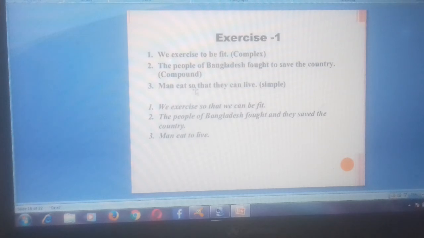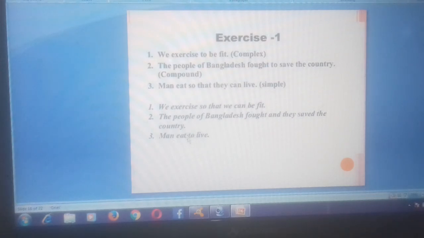"Men eat so that they can live." Following the given clues, we are asked to transform it into simple. And the simple form of "men eat so that they can live" will be "Men eat to live."